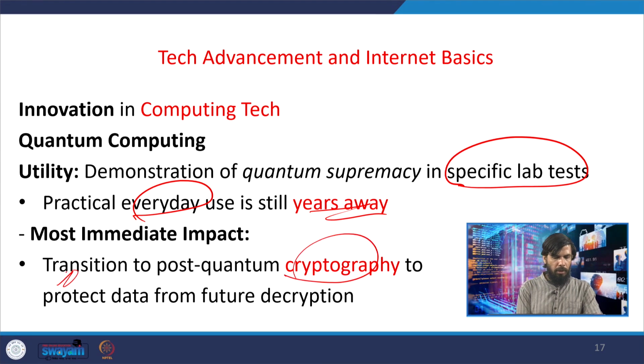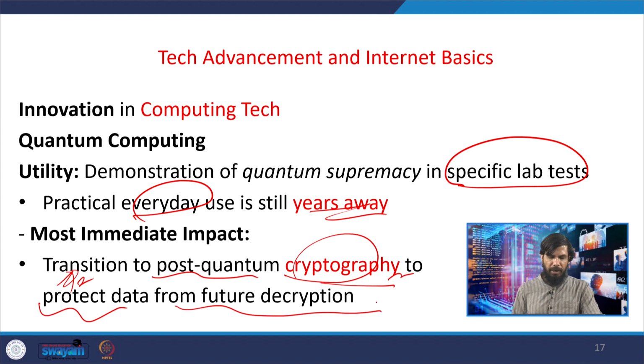Many scientists are looking to transition to post quantum cryptography, and this will also help protect data from future decryption, right. So, to protect the data, post quantum cryptography is something that scientists are looking to transition to. This is the more immediate impact that is likely.